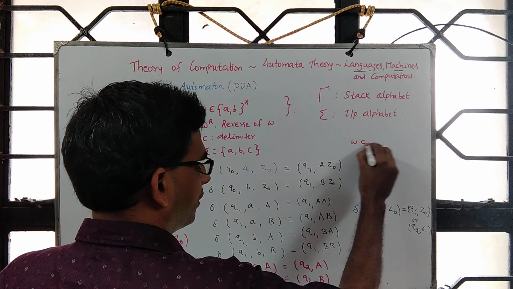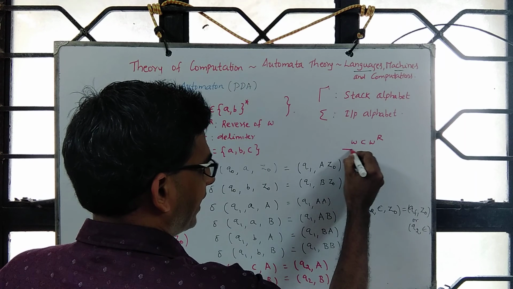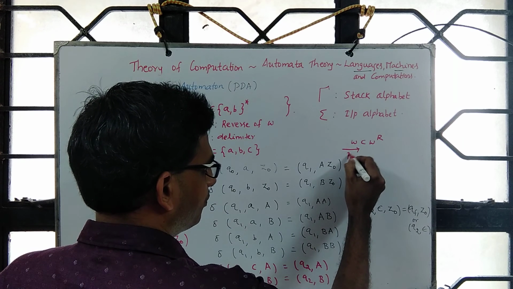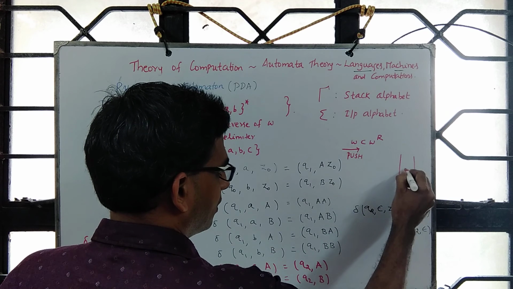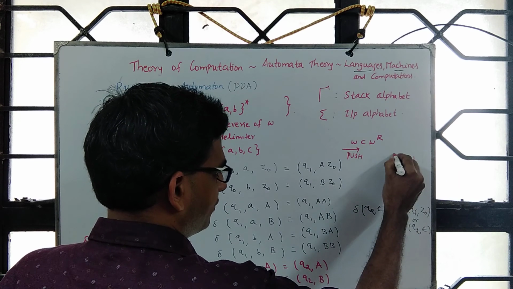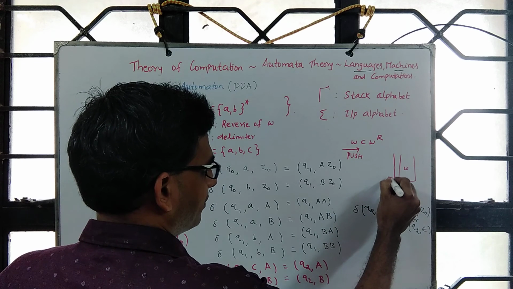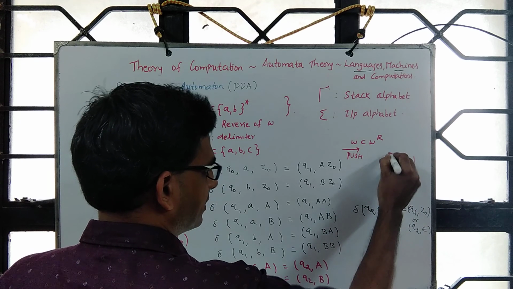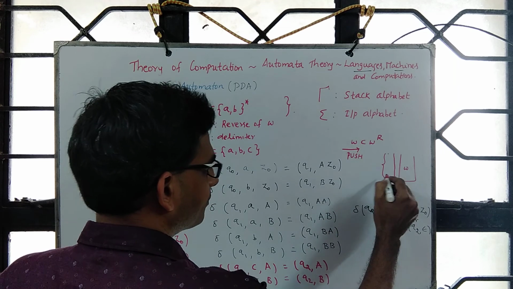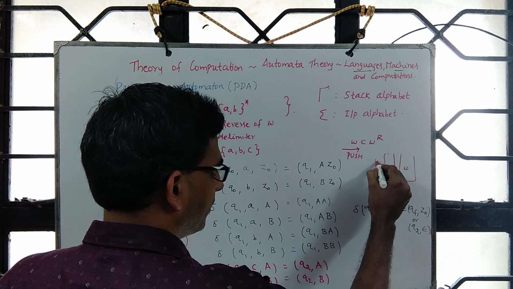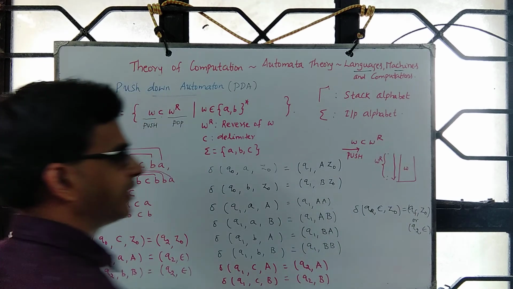If you look at WCWR, when you scan W and perform push onto the stack, W will be inserted like this, right? The first symbol, second symbol and the last symbol. So eventually when W is pushed, it will be WR when you look at it this way.